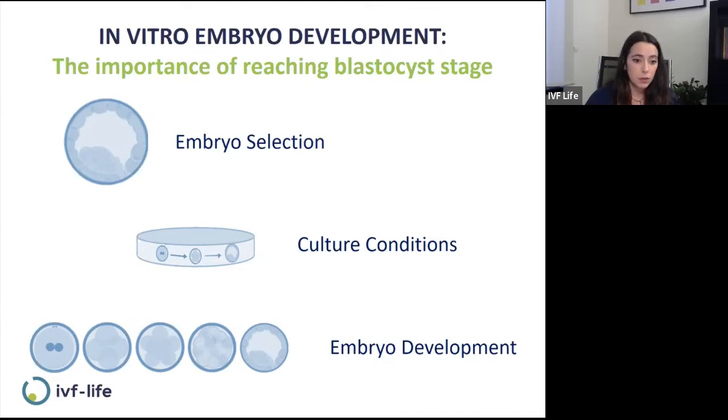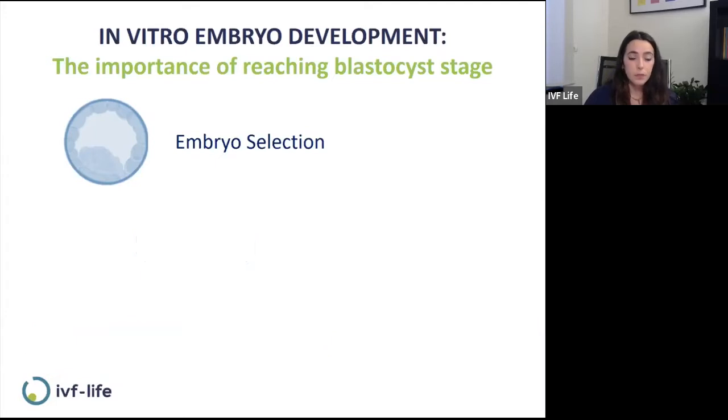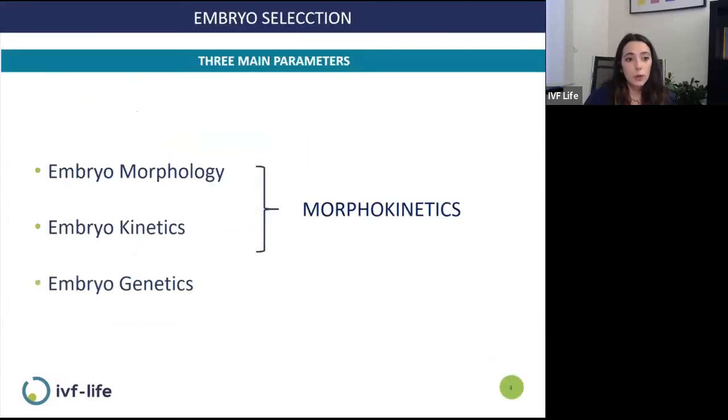So let's start with this. When we talk about embryo selection, there are three main markers to assess: the embryo morphology, the embryo kinetics, and the embryo genetics. The morphological criteria is the most commonly used, and it is essential to evaluate embryo quality. The kinetic criteria talks about the timing the divisions are taking place.